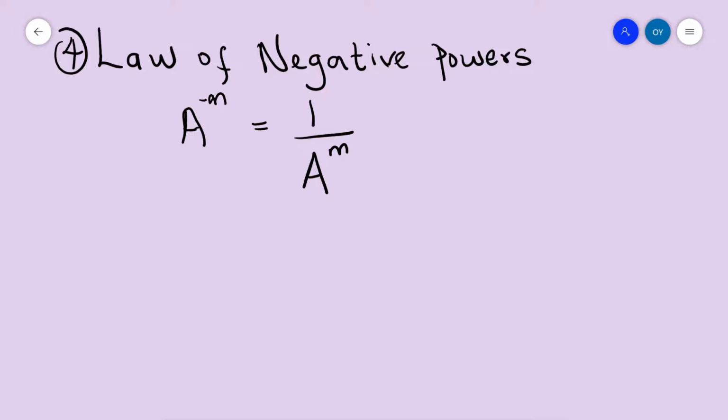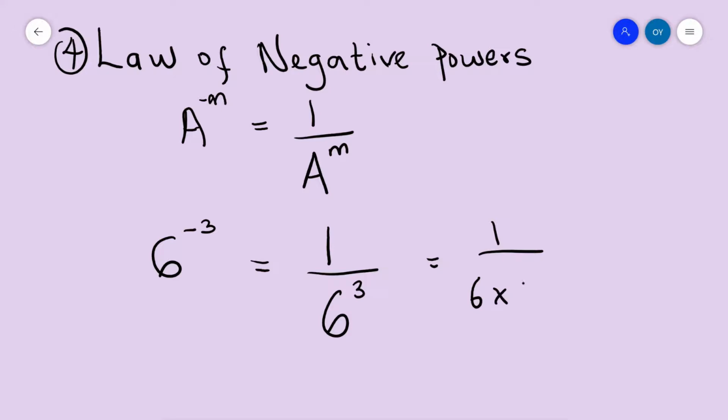An example under this law is simplify 6 to the power of negative 3. This is 1 over 6 to the power of 3, and 6 to the power of 3 means 6 times 6 times 6.